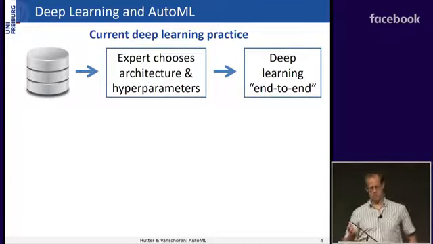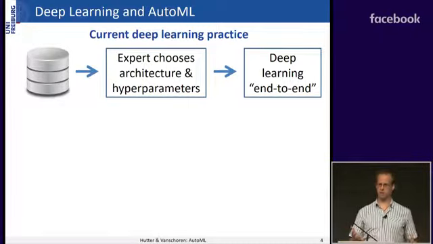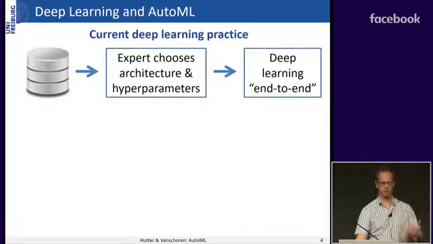And that leads to the current state of deep learning practice. Given a new data set, you need an expert that chooses the architecture and the hyperparameters that would work well for this data set. Then, given that architecture and hyperparameters, you can apply deep learning in an end-to-end fashion to learn features from the raw data.